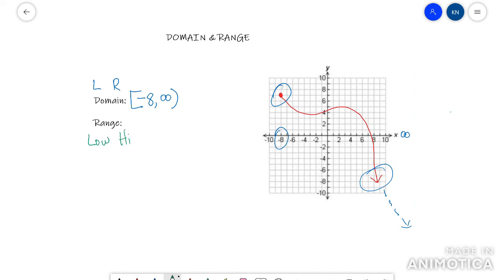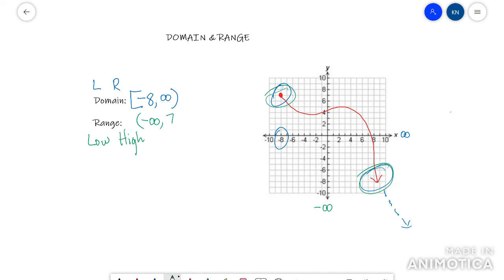All right, now for the range of this, how low it goes comes first. So this arrow going down forever would mean it goes down to -infinity. And I use a parentheses for that. And how high it goes would be this circle up here that's at 7.